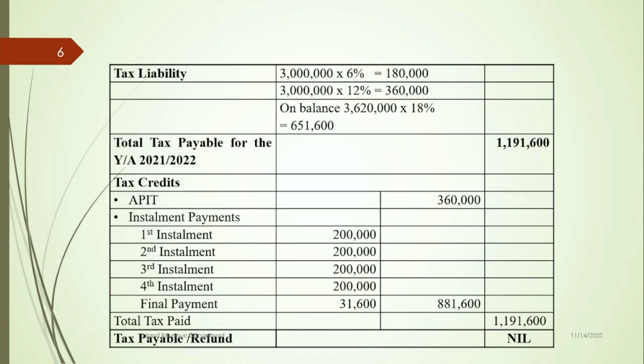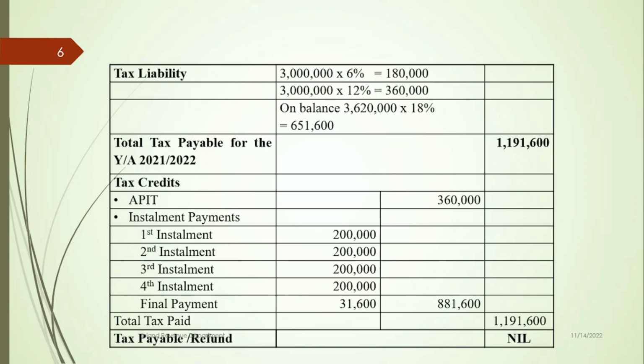In addition to that, she made installment payments from the first installment to the fourth installment, 4 times 200,000, that is 800,000, and the final payment she has made, that is 31,600, altogether 881,600.